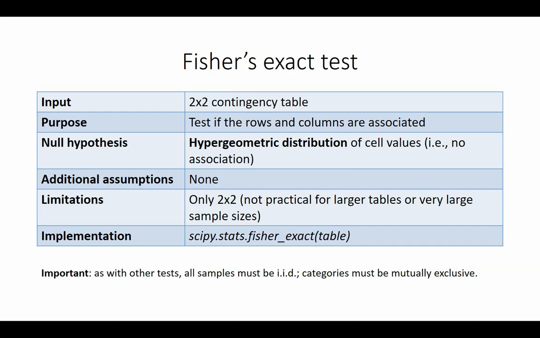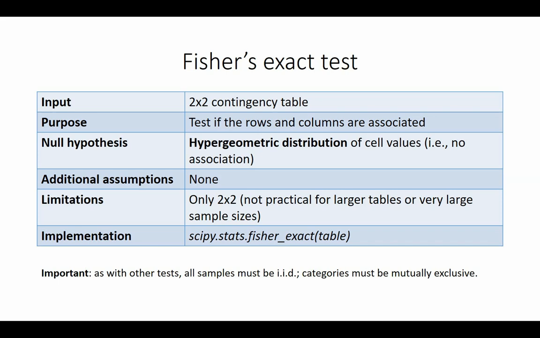So typically, it will only work for 2x2 tables. And the reason is, I think you saw how it works in the video you got to watch in the exercise, where you had the tea lady experiment, if you remember. The idea was to take the observation that you get, and then to consider all the possible tables that would be even more extreme than the table that you get.